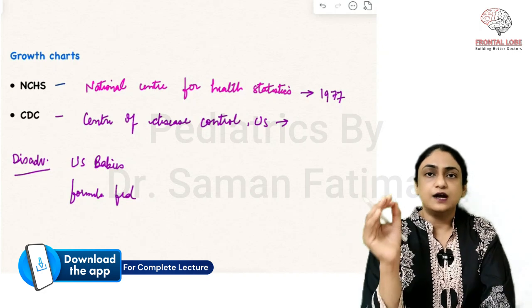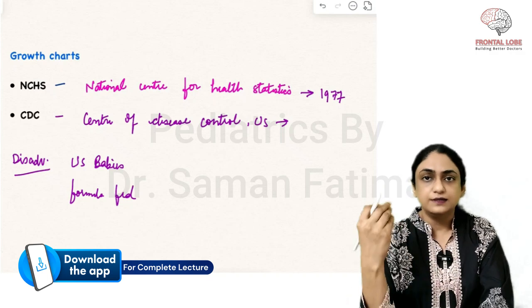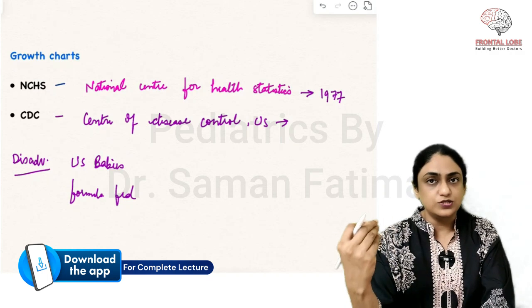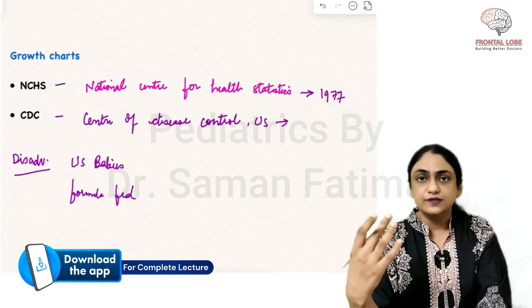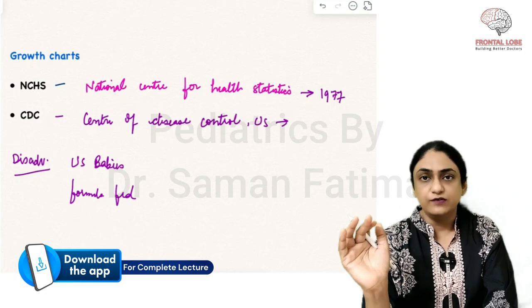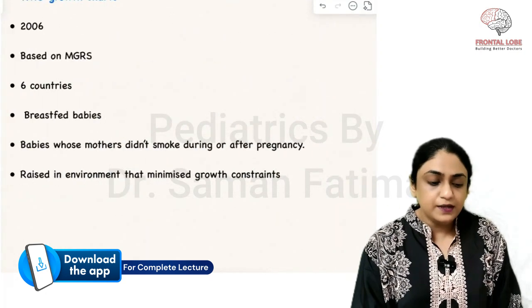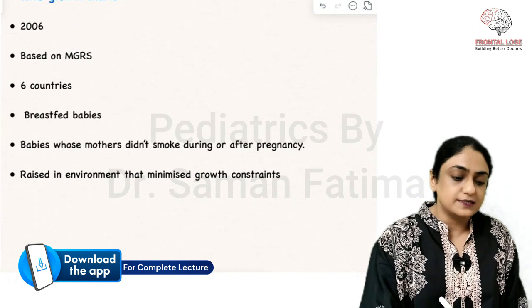So the earliest growth chart was given by NCHS. Then a few years later the CDC gave growth charts. The disadvantage of both these standards was that they were based on US babies who were formula fed. Now WHO came with growth charts in 2006.